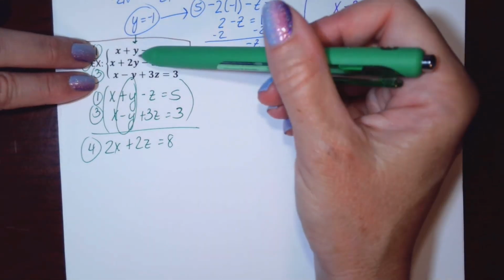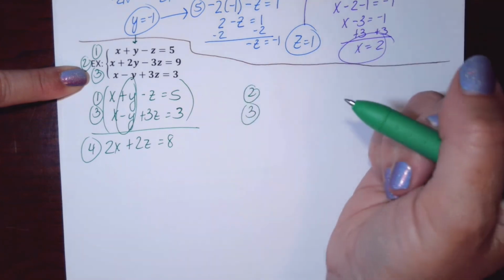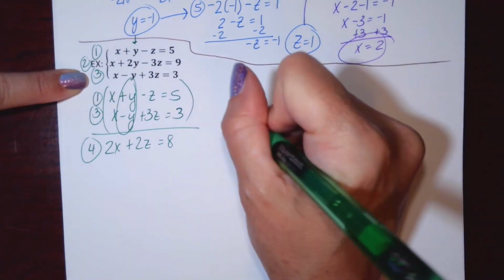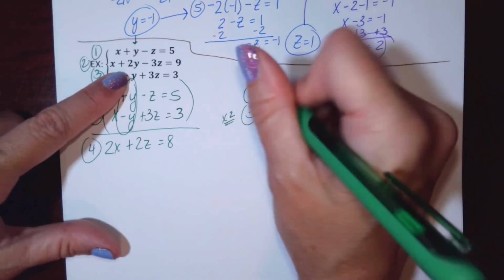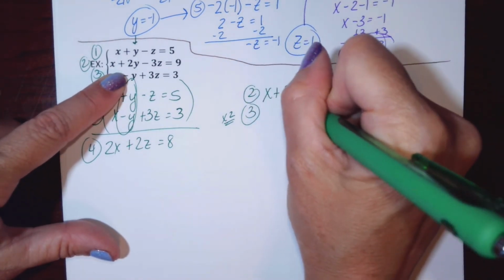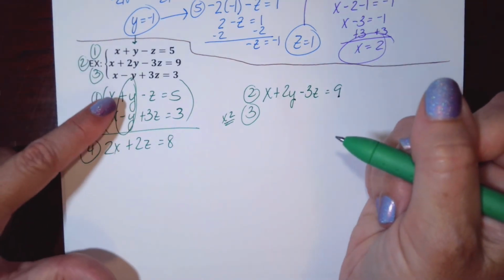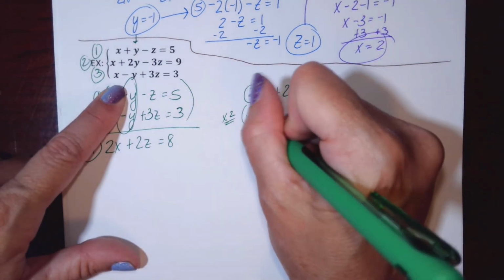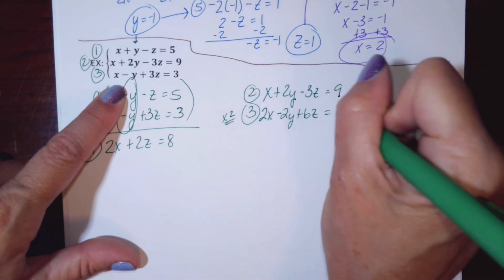Now, eliminating y again, let's do equations 2 and 3. And we're going to multiply equation 3 times 2 so that our y's add to 0. Equation 2, x plus 2y minus 3z equals 9. And then 2 times the third equation, 2x minus 2y plus 6z equals 6.